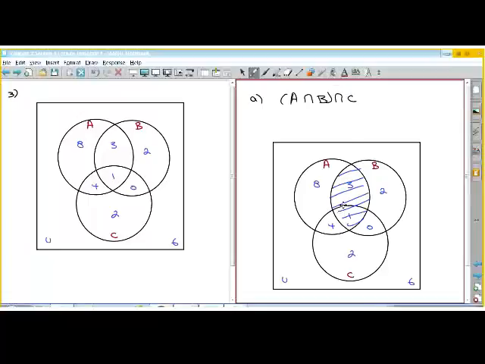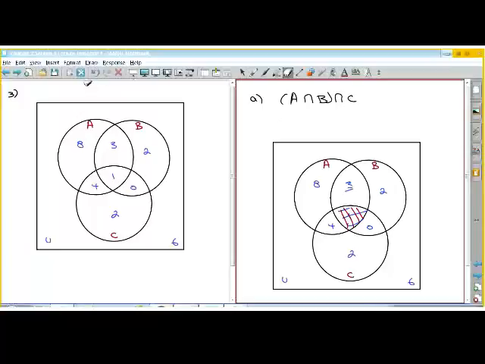And then it says intersect with set C, so I want to take whatever results from my first operation and do it again. If I intersect this with set C, that gives me this little triangle in the middle. That's what the intersection of 3 sets represents.